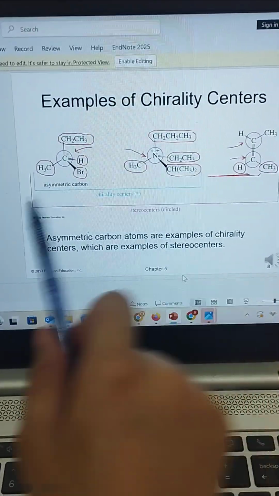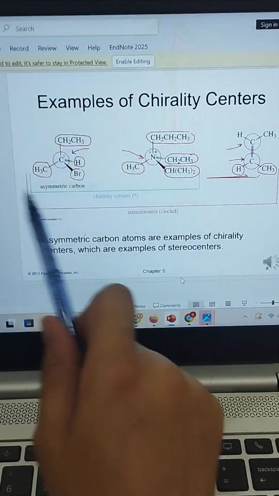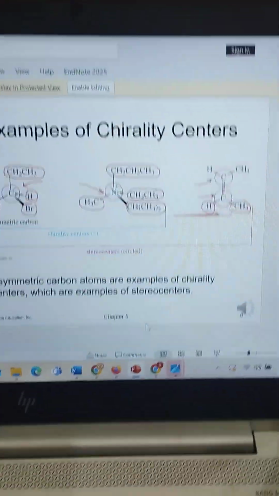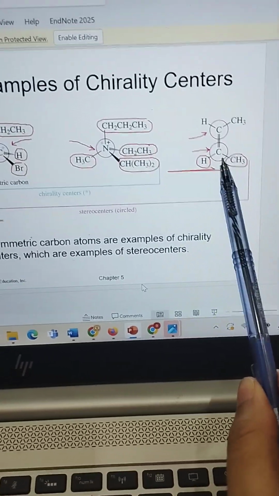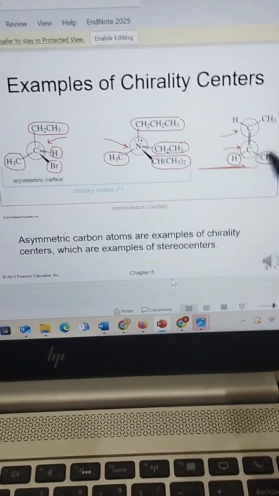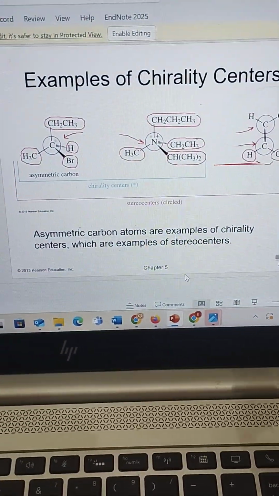So these 2 are chiral centers or asymmetric centers. And see in this molecule, the carbon has a first group attached, a second one and a third one.